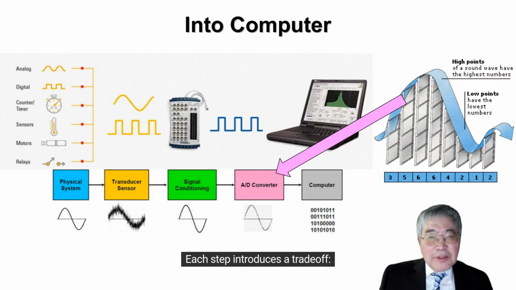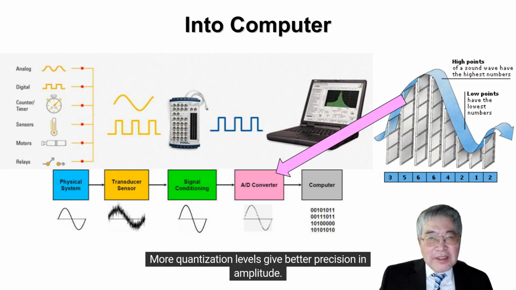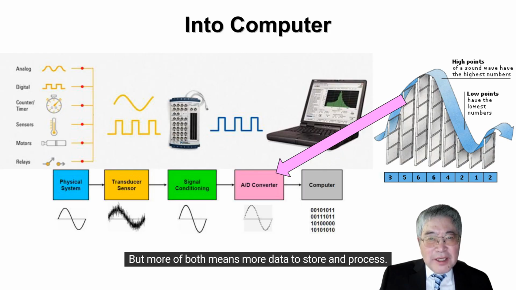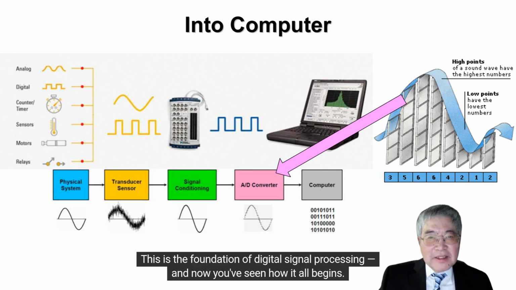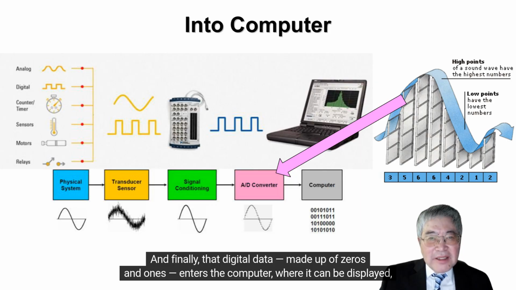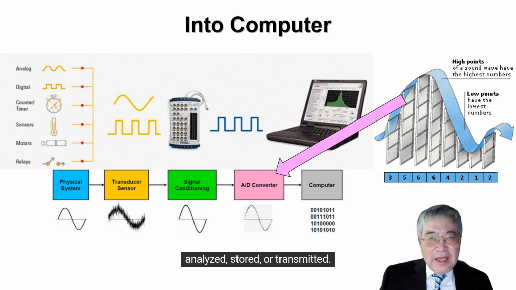Each step introduces a trade-off. More sampling points give better resolution in time. More quantization levels give better precision in amplitude. But more of both means more data to store and process. This is the foundation of digital signal processing, and now you've seen how it all begins. And finally, that digital data, made up of zeros and ones, enters the computer, where it can be displayed, analyzed, stored, or transmitted.